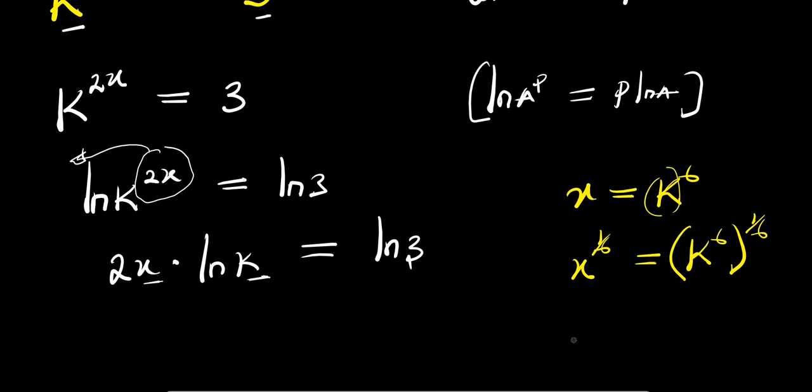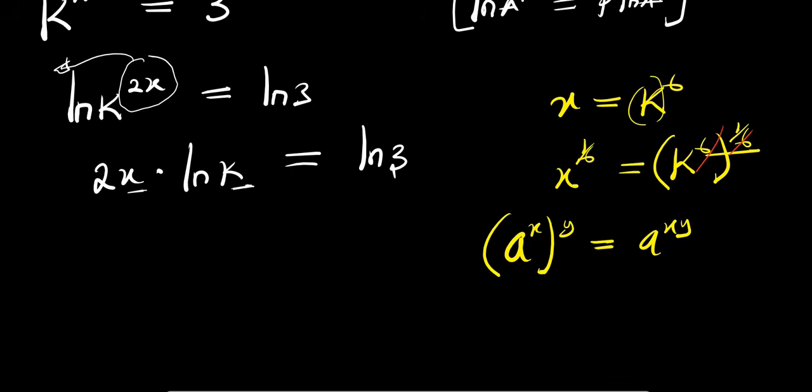Now, if you have a power x to the power of y, this equals a to the power x times y. So we need to multiply this exponent. By multiplying the exponent, the 6 here cancels the 6 here. That means we are simply going to have x to the power of 1 over 6 equals k.